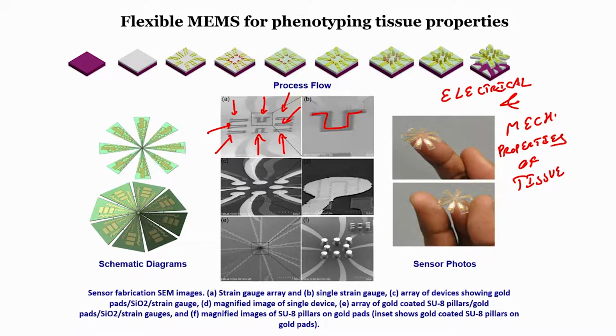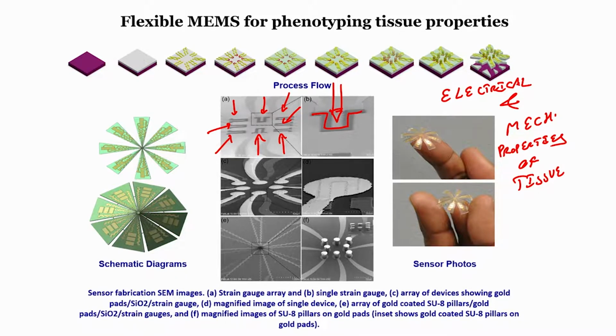So, what is it? It is a strain gauge. That means if I apply a pressure on this particular platform, then there will be a change in the strain, and it is a piezoresistive strain gauge. So, the resistance of the strain gauge would change.